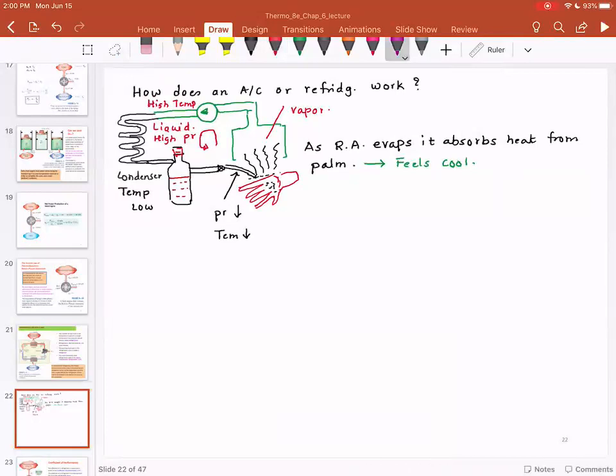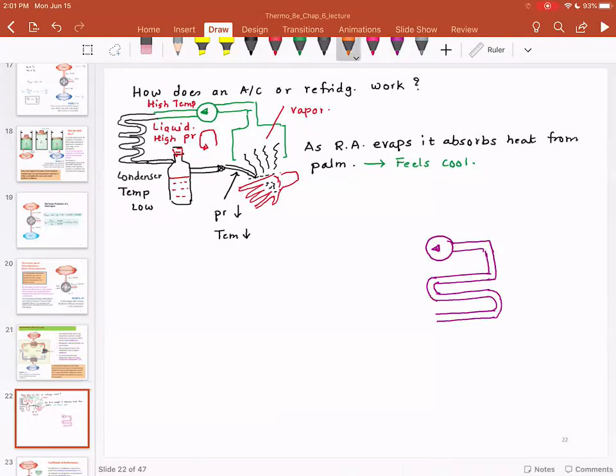You are going to have an evaporator. The evaporator is nothing but a heat exchanger. This heat exchanger, the evaporator, is connected to a compressor.